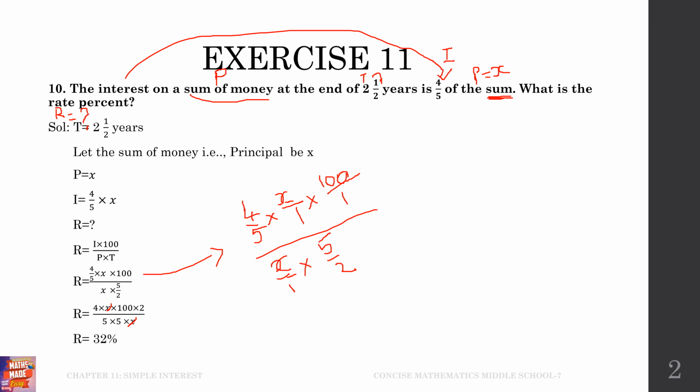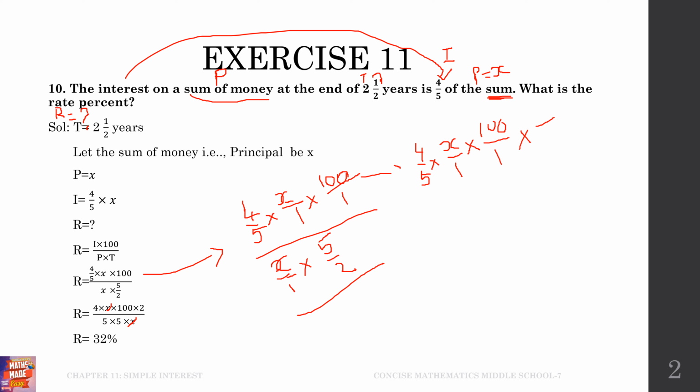Now just write down the numerator part as it is. That is 4 by 5 into x by 1. I am writing the numerator part as it is, into 100 by 1, and this denominator part you have to make into its reciprocal.